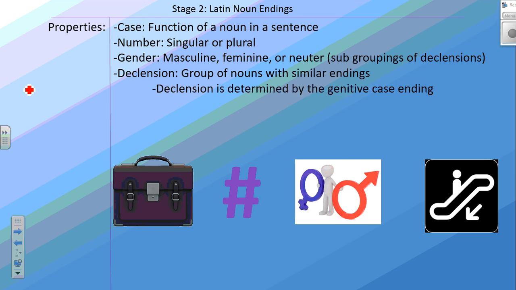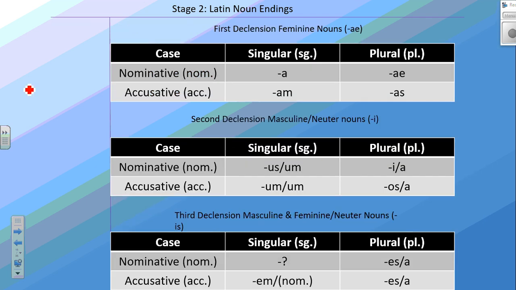And then declension, how you know which declension a noun belongs to, it's by its genitive case ending. That's why I have you memorize those genitive case endings as part of your vocabulary list. It's not because I'm mean and want to create more work, because these are actually going to help you know how to better use these nouns and recognize these nouns when you see them. All right, so what are our noun endings?